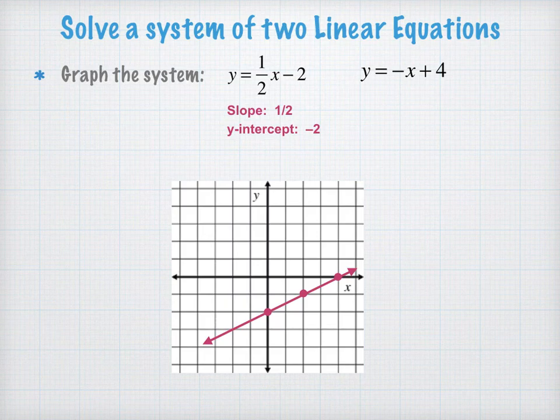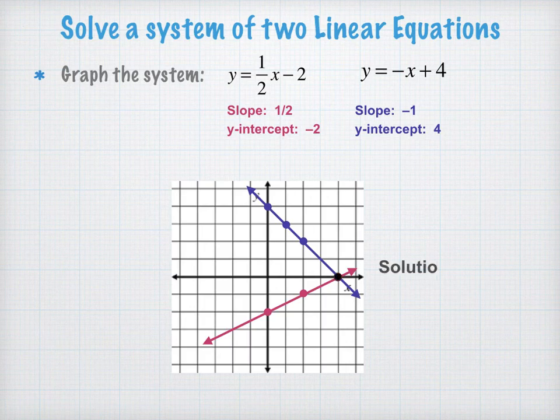In the second line, the slope is -1, and the y-intercept is 4. We'll start with our y-intercept, and then we'll graph that line. We can see that the two lines do intersect at the point 4, 0, which is the solution to the system of equations.